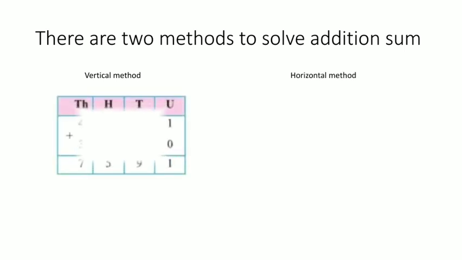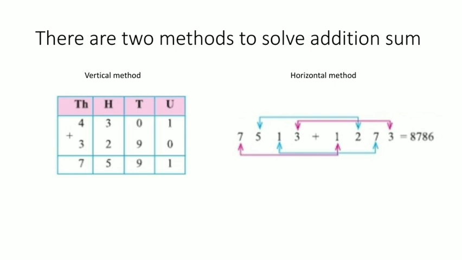There are two methods to solve addition sums. One is the vertical method and the other is the horizontal method. In the vertical method, we write the numbers one below the other in their place value columns. In the horizontal method, we add horizontally and solve the sums.